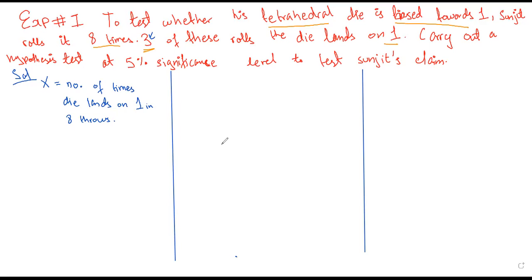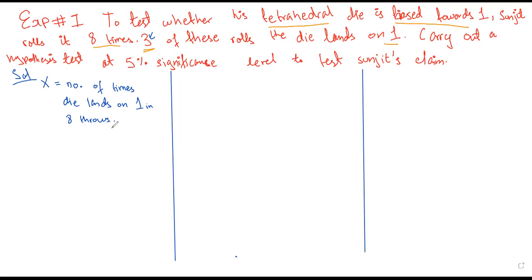They don't want you to write down this 3. They just want you to know what the test is about. So this test is about the number of times the die lands on 1 in 8 throws. You are correct, it is 3 out of 8, but since we are conducting the test, after that we will know what actually is the situation.